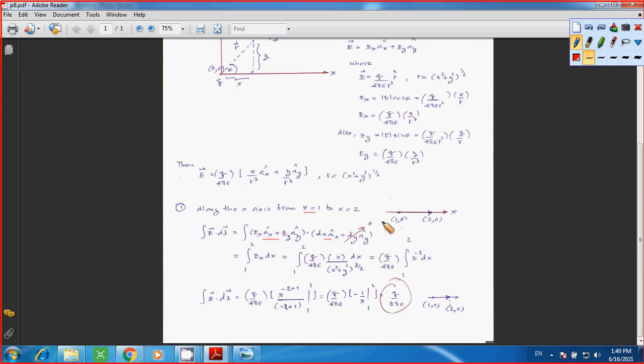Since dy equals 0 because you move along the x-axis, the dy ay term drops out, and you have only the integration of Ex dx, from x equal to 1 to x equal to 2. So you just plug in your Ex and do the integration.